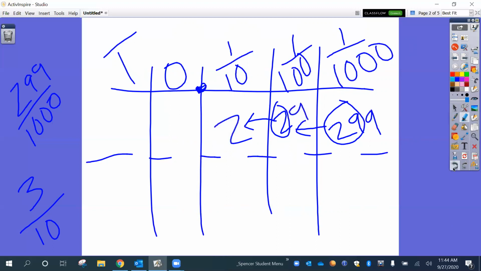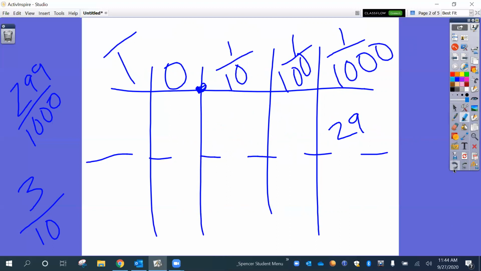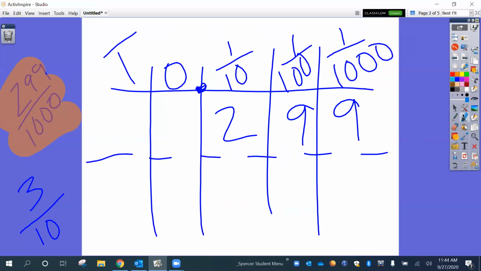I'm going to clean that up right now. So let me undo all that. Highlighter, 299 thousandths. So to write 299 thousandths as a decimal, it's going to be 0.299.